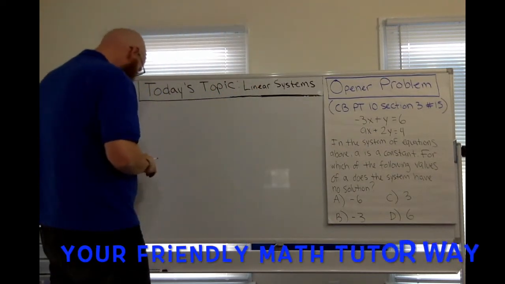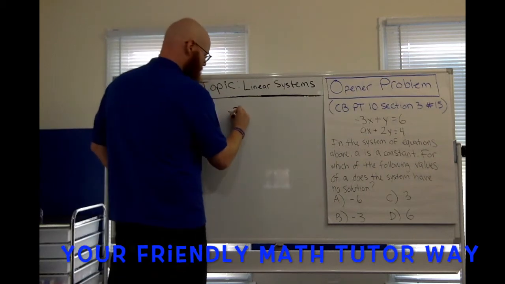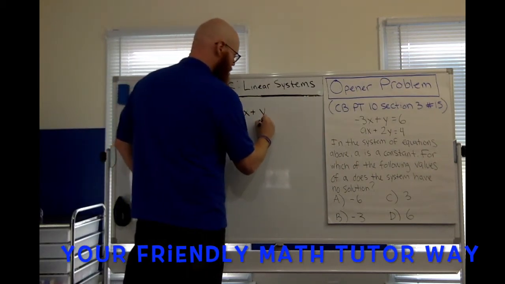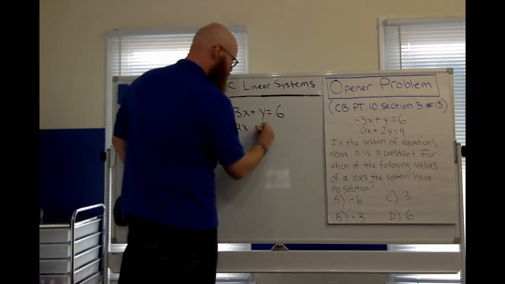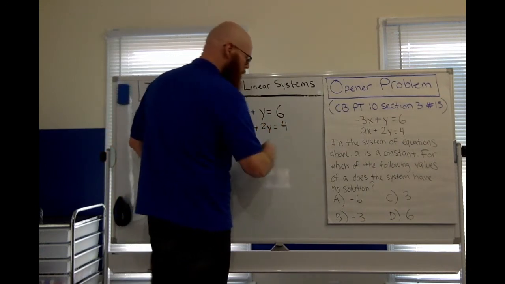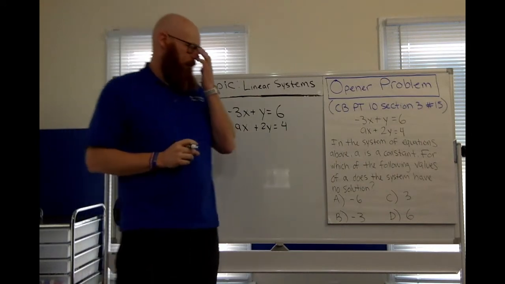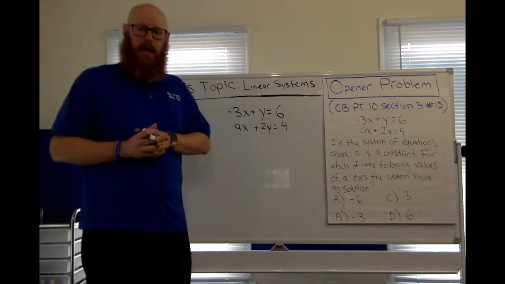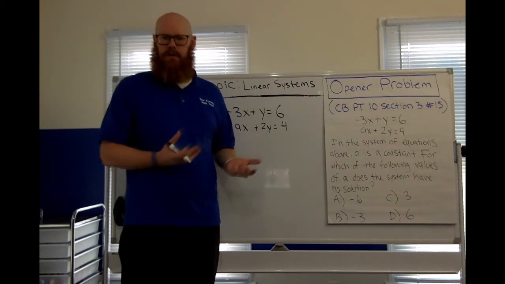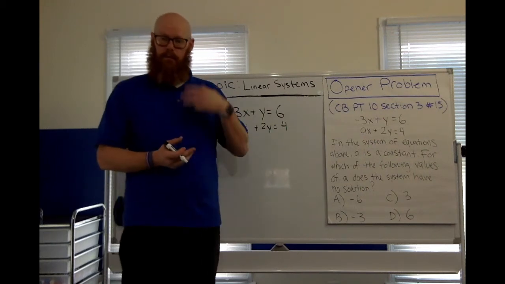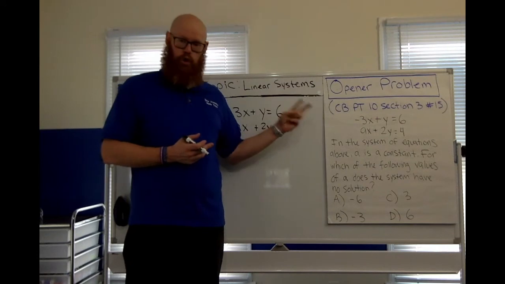So what we have here is negative 3x plus y equals 6, and ax plus 2y equals 4. The other part of the Your Friendly Math Tutor way that's really important is you have to have an understanding of what a linear system of equations is. Well, it's a system, so there's more than one equation, and there are actually 2 in this one.